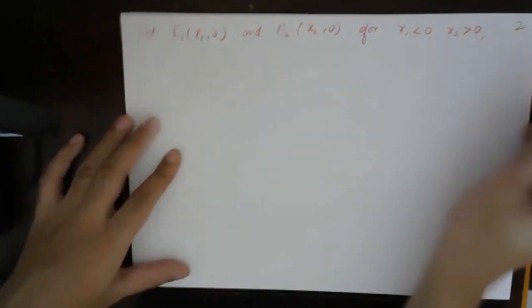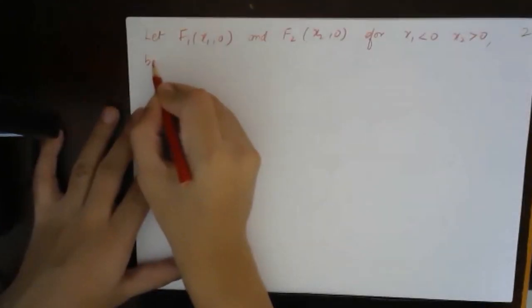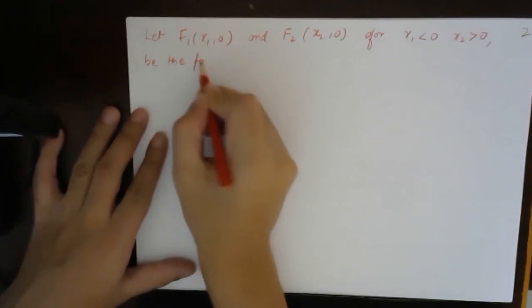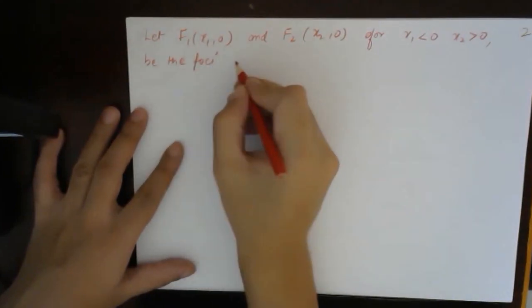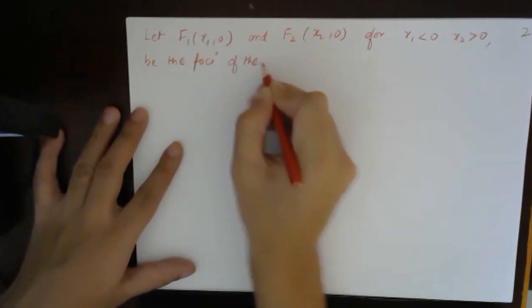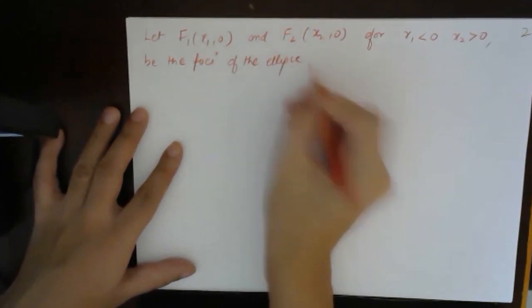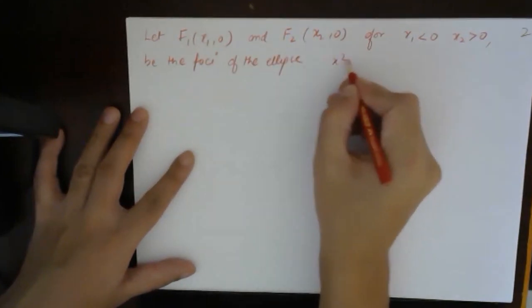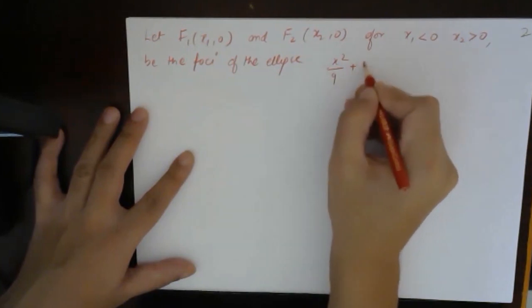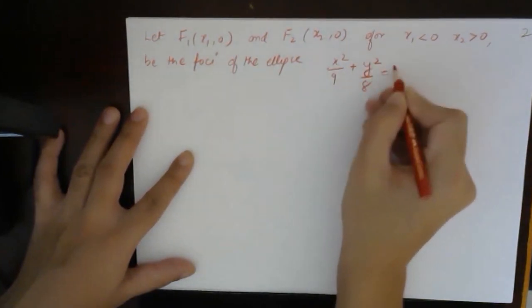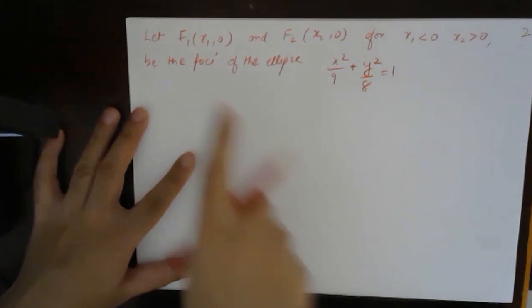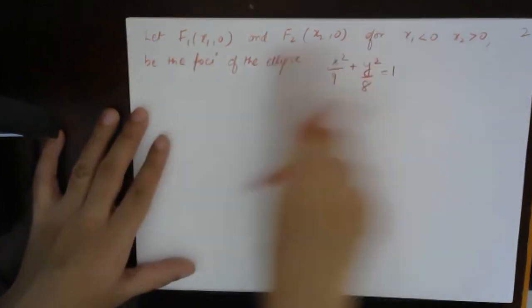Be the foci of the ellipse x square by 9 plus y square by 8 equals to 1. So basically they have given this condition.